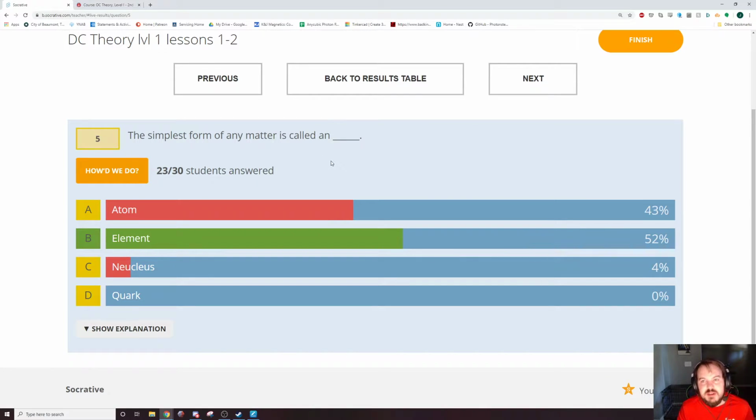Element. So, all matter can be taken down to an element, and those elements can be broken down into atoms. And that's as far as it can be broken down and still be the same thing. You can take it down to the electrons, neutrons, protons, but that's not the element anymore. Those are the building blocks of the atoms.